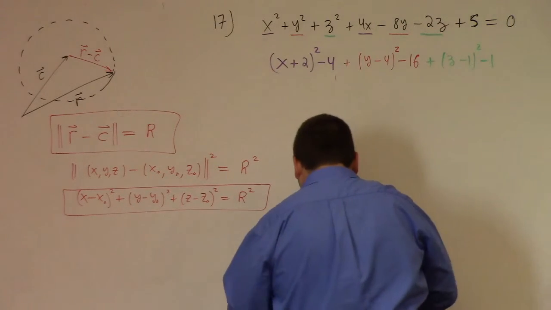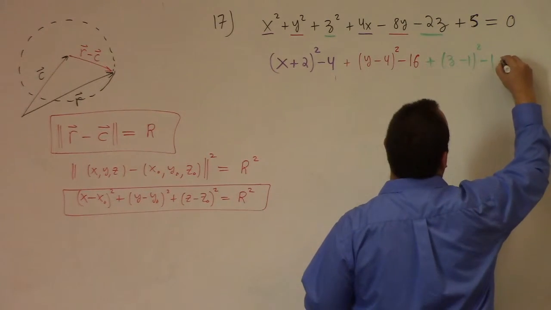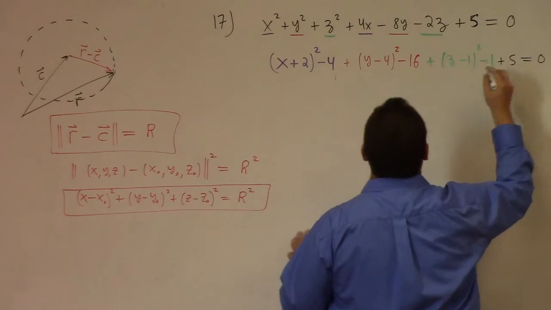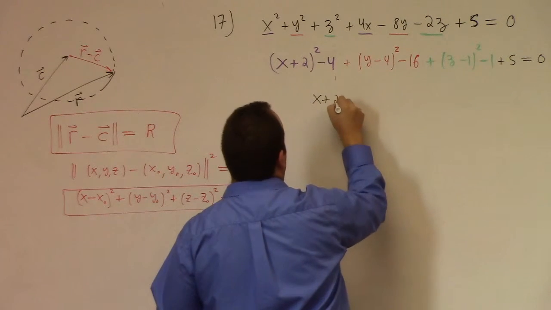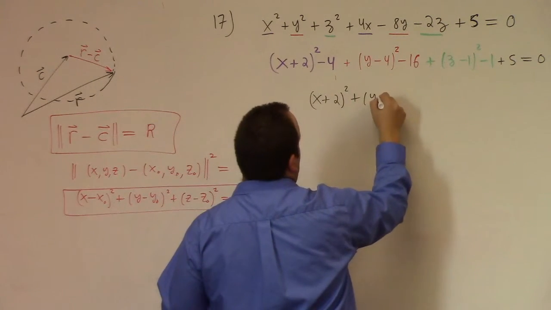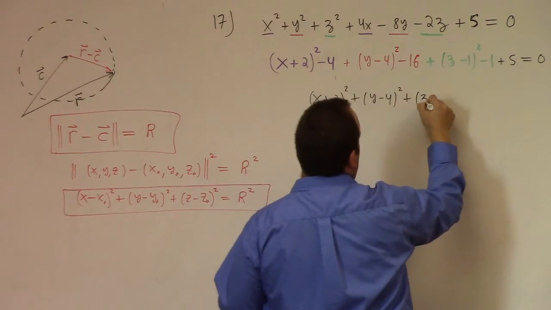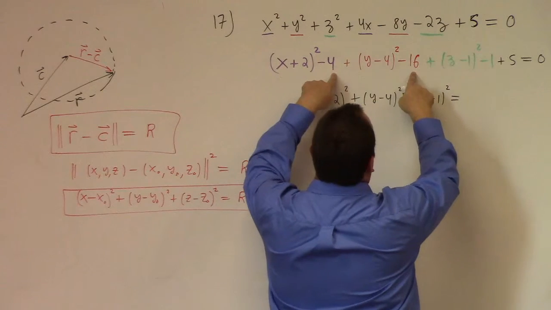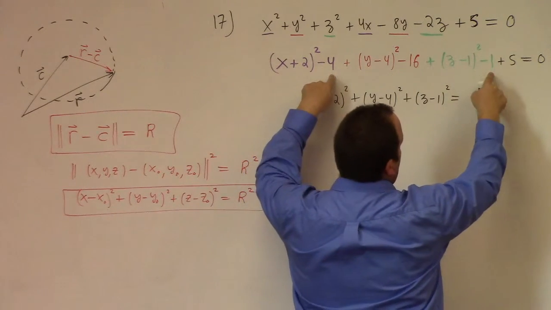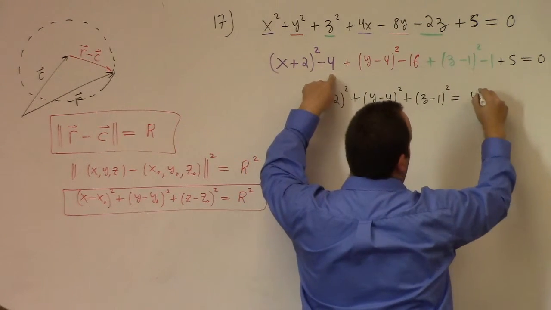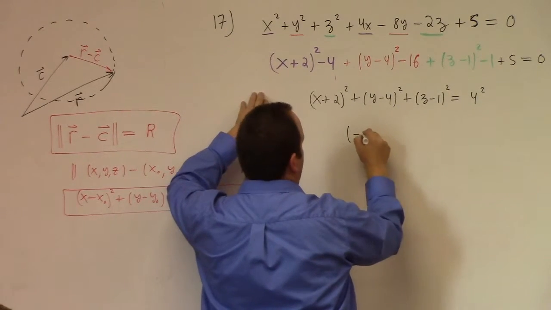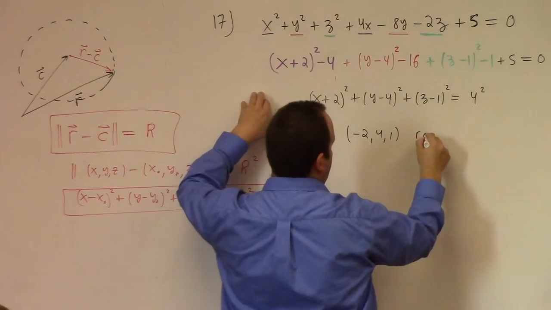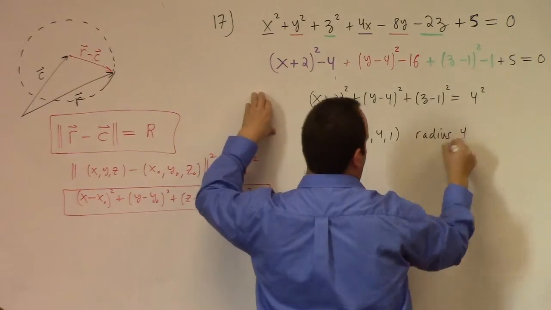And then you still have that 5 sitting there minding its own business. Then we just reorder everything: (x plus 2) squared plus (y minus 4) squared plus (z minus 1) squared equals what? You've got 20, 21, 21 minus 5, 16, 4 squared. Aha. So it's centered at (minus 2, 4, 1) with radius 4.